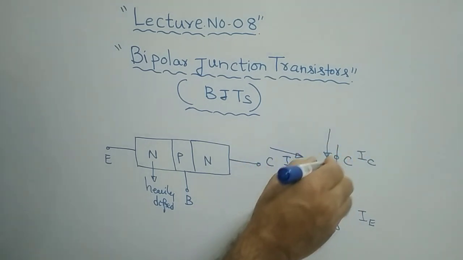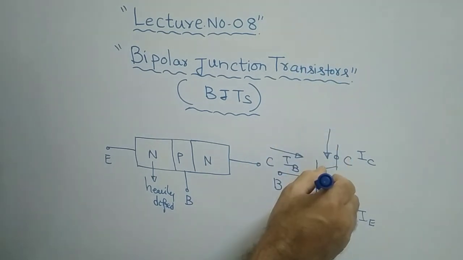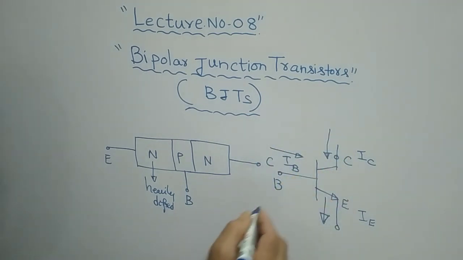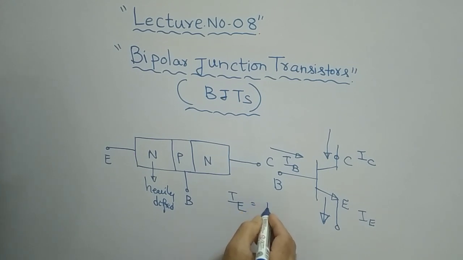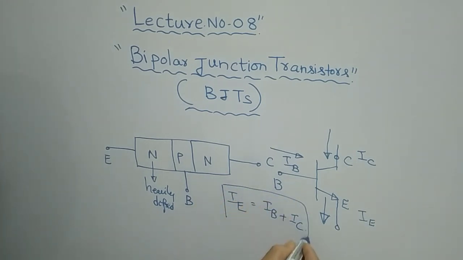Therefore IB and IC are directed towards the node, while IE is the leaving current. So the emitter current IE is equal to the sum of the base current and the collector current. This is the current relationship for a transistor.